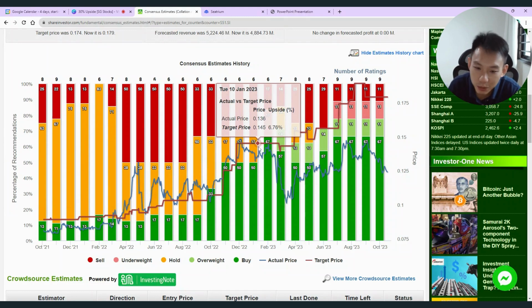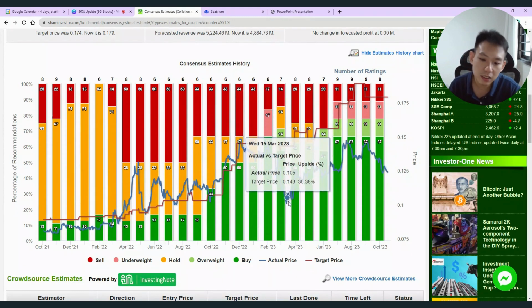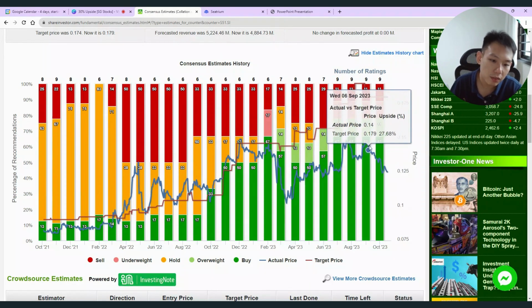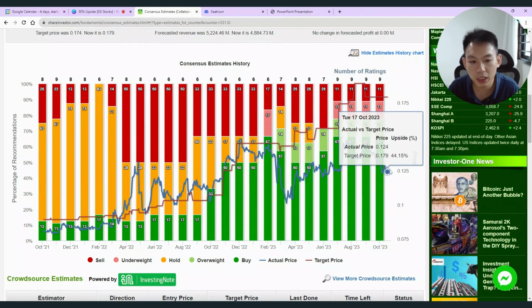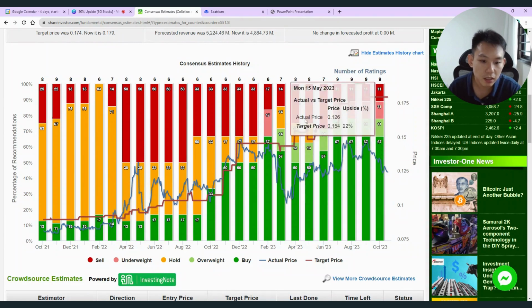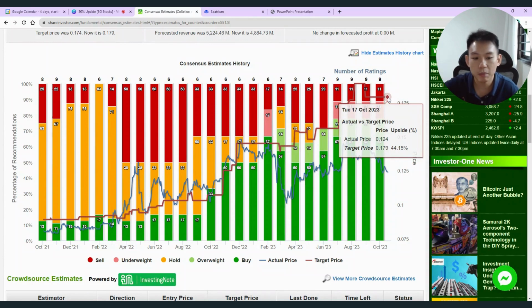Oh, sorry, Citrum again. After they dipped into the 10 cents region, they have rebounded again, and right now maybe there's some profit taking going on, so it's sitting at around 12 cents. I believe that this is giving the biggest gap or potential upside as of now.